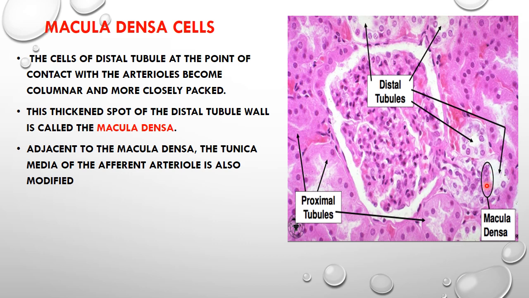Adjacent to the macula densa cells, the tunica intima and tunica media of the afferent arteriole are also modified. You can identify here the tubular pole and the distal tubule, which comes in contact with the afferent and the efferent limbs, and the cells become columnar in shape as compared to the rest of the distal tubule.